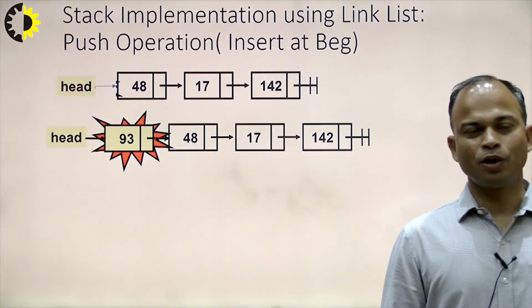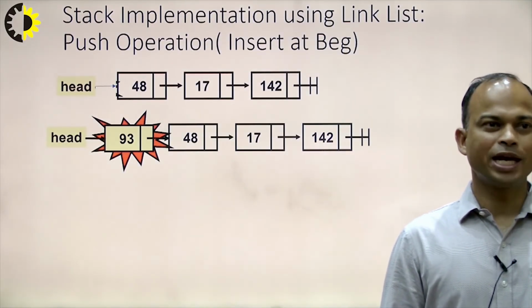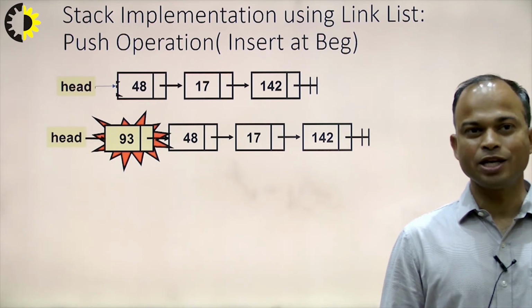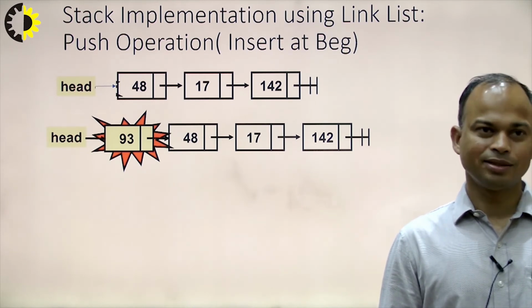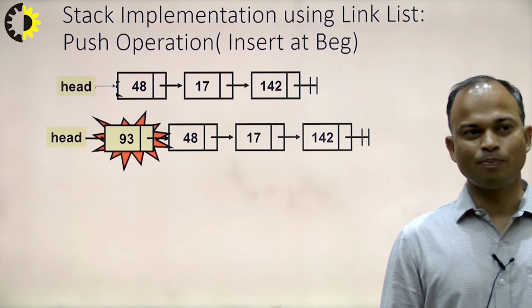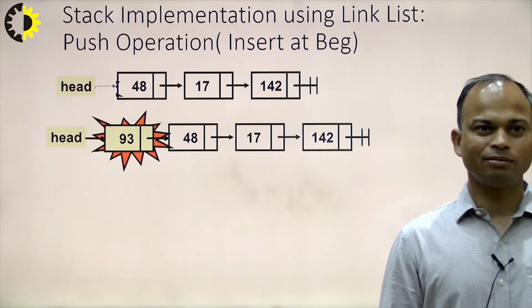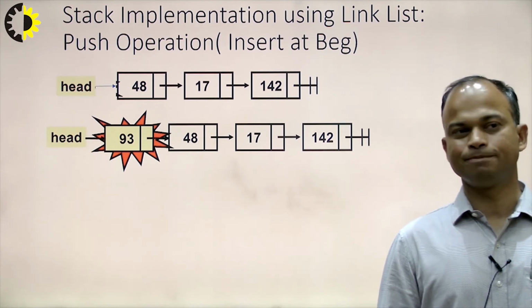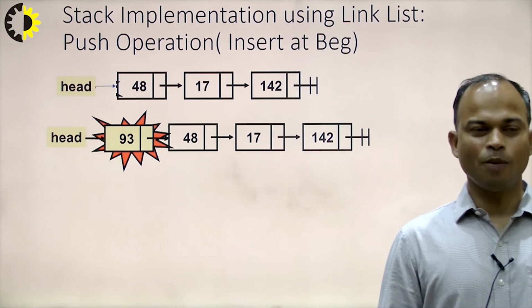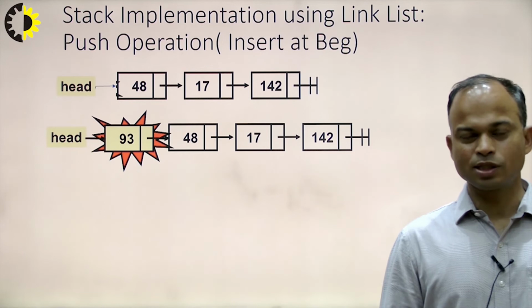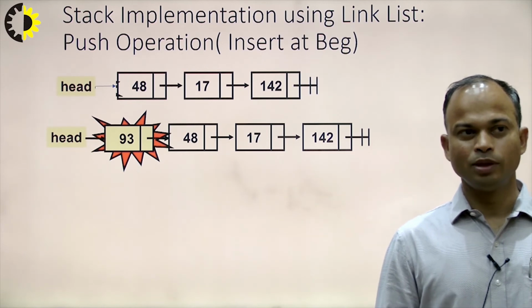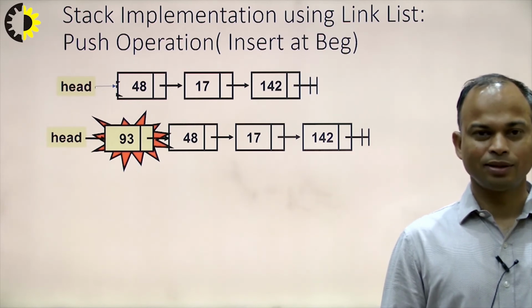Now, this is our actual question: how can we implement a stack using a linked list? Initially we discuss the push operation, which is insert at beginning. Say at the top we have 3 nodes and we want to perform the push operation.